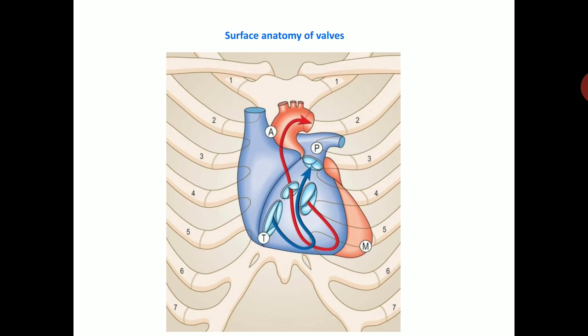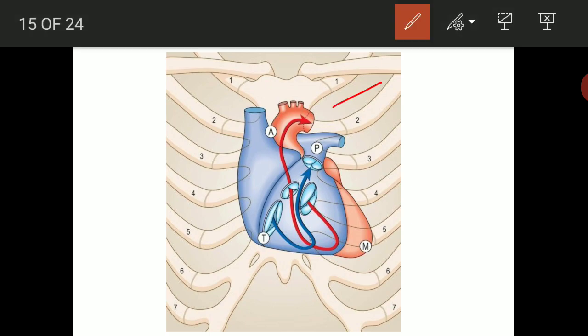It is again shown in the surface anatomy. These are the ribs, and in between the ribs there are intercostal spaces. In the second intercostal space on the right side there is the aortic area, and in the second intercostal space on the left side there is the pulmonary area. In the fourth intercostal space on the left side beside the sternum there is the tricuspid area, and in the midclavicular line there is the mitral area.